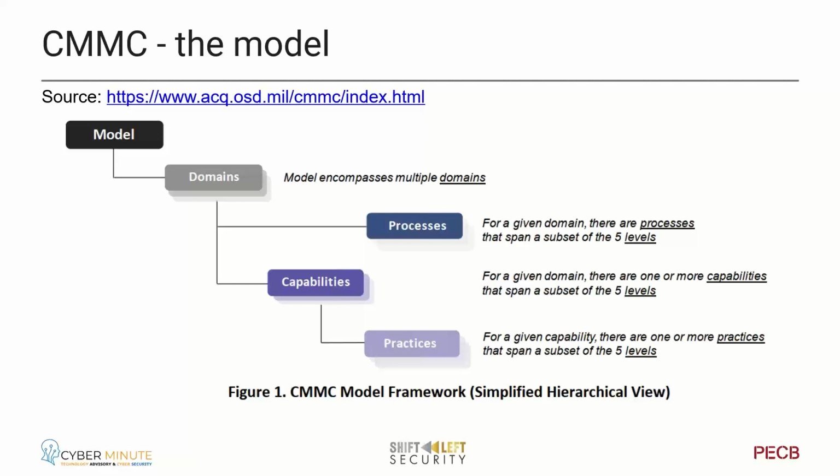So the CMMC model spends a lot of time explaining processes and requirements on process level, and will divide these processes and expectations into capabilities. And it will not only talk about technical practices, but also process practices. And this is also the part that we will explain later on.